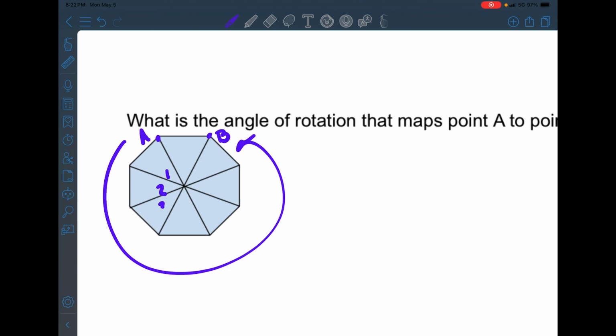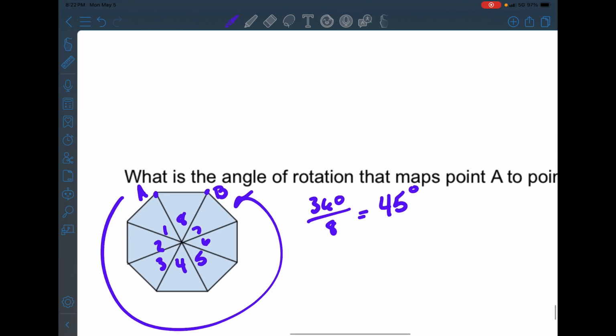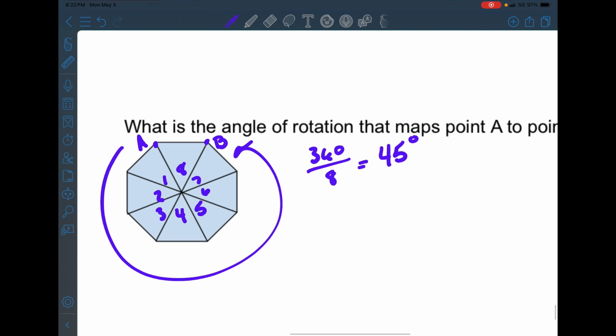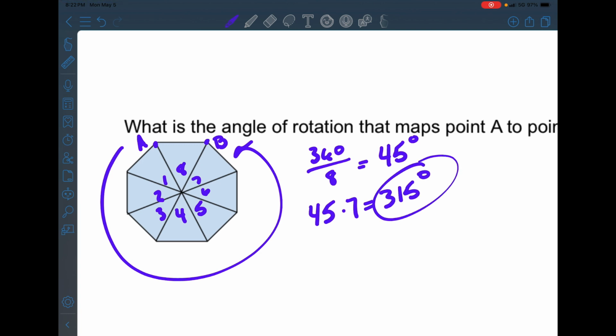Well, this is broken up into angles, and there's 8 angles. So we would take 360 and divide it by 8, and we get 45 degrees. Well, from A to B, we're using 7 of those angles. So we would take 45 times 7, and we get 350 degrees.